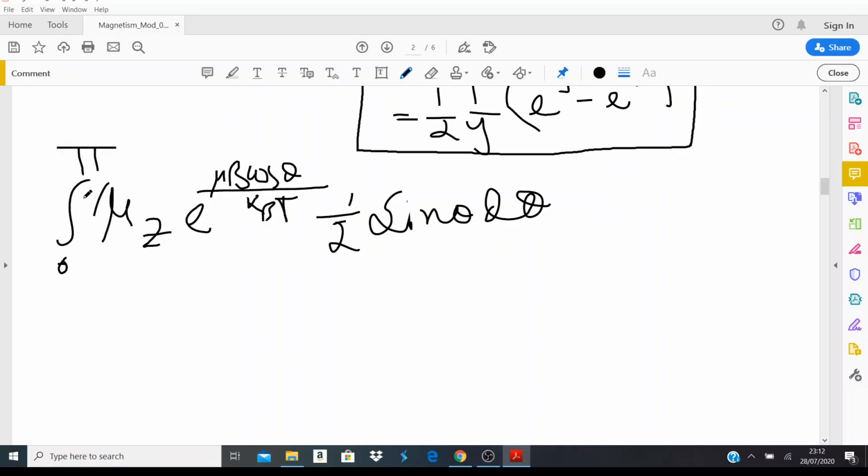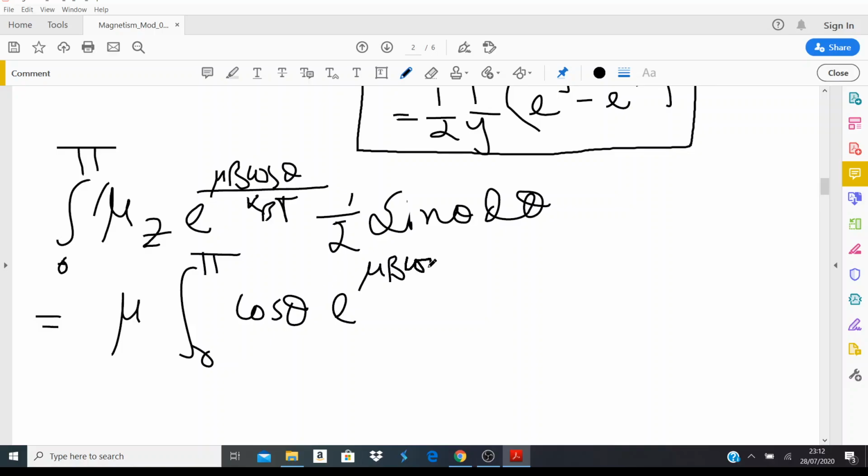You know what is the value of mu z, so put the value of mu z first. So that's like mu cos theta. So mu is just a fixed number. It's going out of the integration, and inside the integration we have cos theta, then the factor, which is the Boltzmann factor, e to the power mu B cos theta divided by kBT, and then sine theta d theta, bring out the half, right?